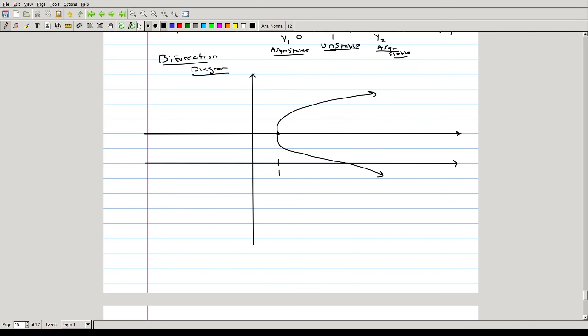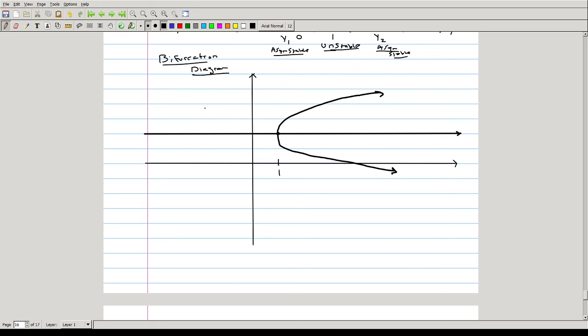Oh, and I should do those in bold so we really see this curve. And this is how the pitchfork bifurcation gets its name, because this looks exactly like a pitchfork or a trident.